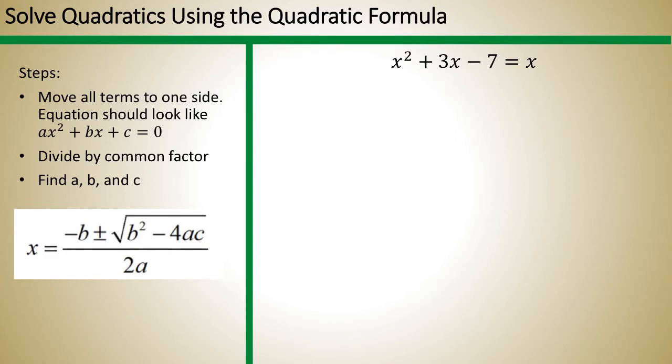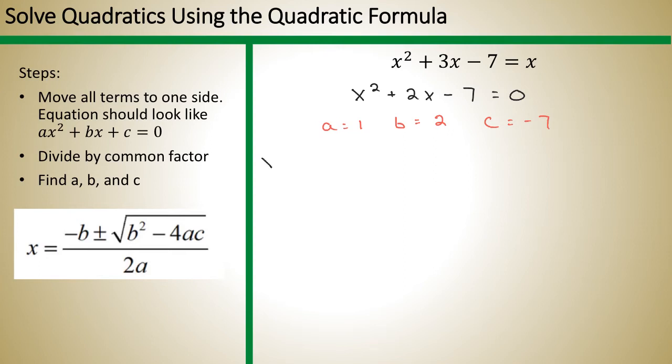Okay, here's another one. Again, the first step, get 0 on that right side. So subtract x from both sides, and that's going to give us x squared plus 2x minus 7 equal to 0. So there my a is 1 again, b is 2, c is -7, and we're going to substitute those things into the formula.